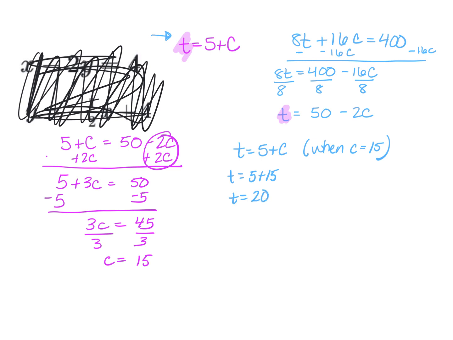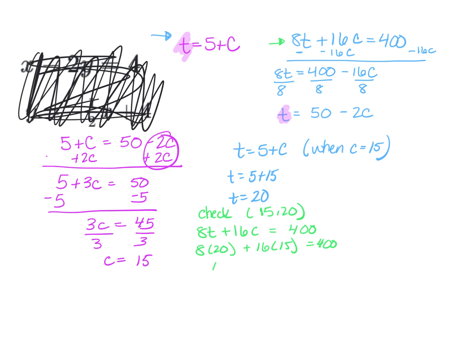Now we're going to go back into this equation that we carried over, and we are going to check. We are checking when we have 15, 20. Okay, so we have 8t plus 16c is equal to 400. We have 8 times 20 plus 16 times 15 is equal to 400.